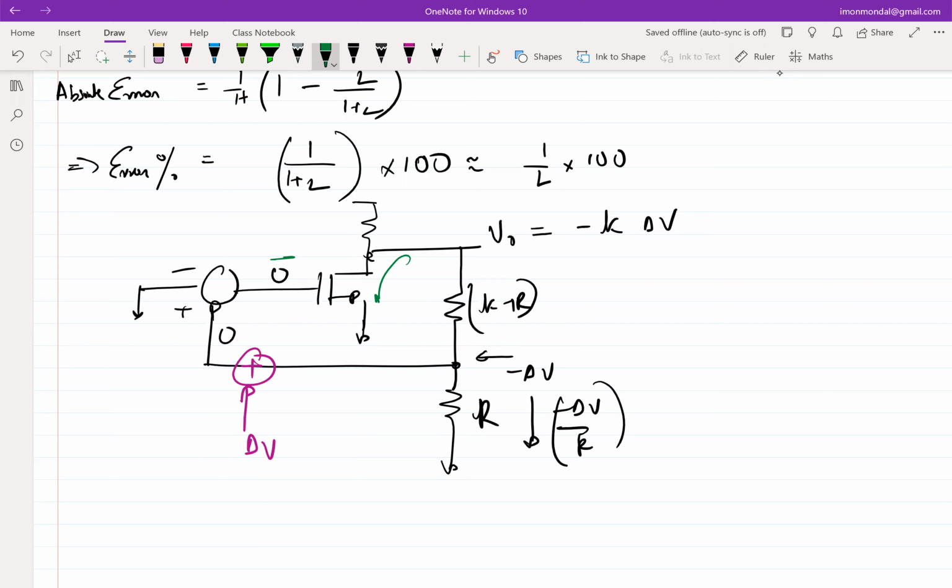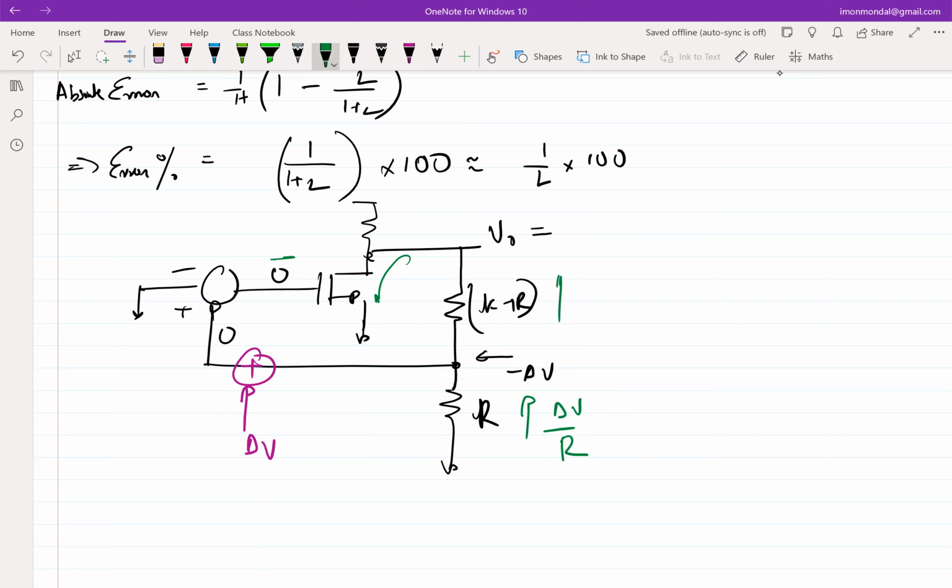It's like you have done ideal op-amps in negative feedback, right? What do you do with the virtual ground node? While analyzing, you set it to 0, and then you go around solving the loop. Yes. Okay, let's see. So if this is minus delta V, this current will be delta V by R, right?